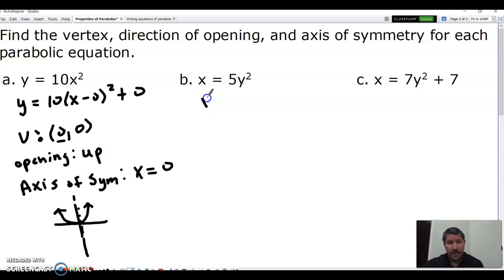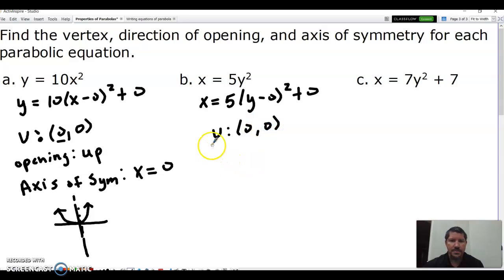Alright, so x equals 5, y minus 0 squared plus 0. So again, my vertex in this case is at the point 0, 0. My opening, now I'm either opening right or left.